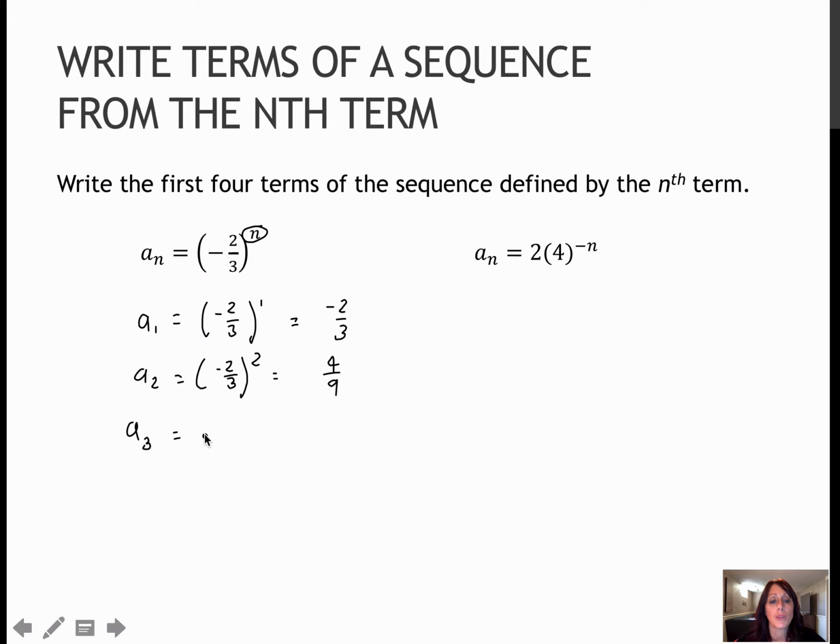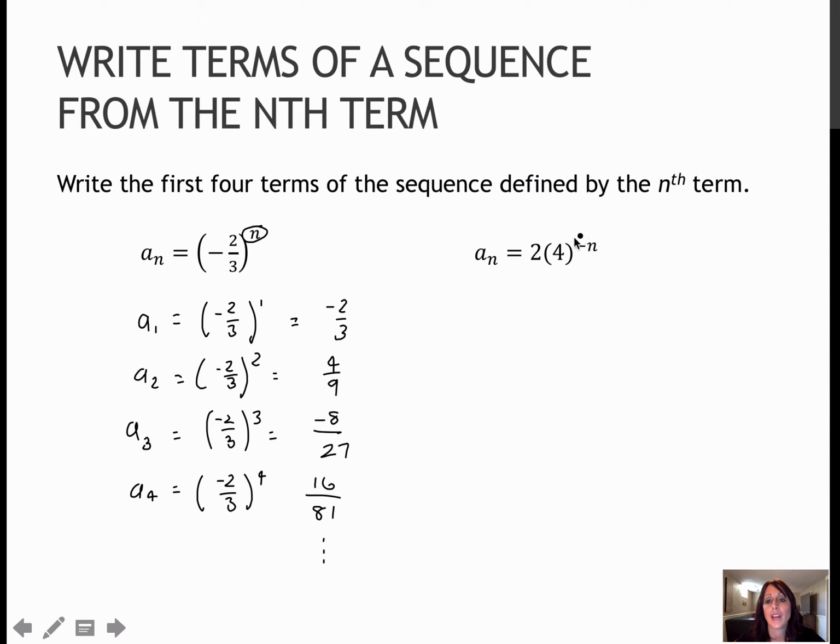A sub 3, or the third term of the sequence, would be cubing everything. So negative 2 cubed is negative 8, and 3 cubed is 27. And then a sub 4 would be taking everything to the fourth power. So that would be positive 16 and 81. So those are my first four terms, and again, that pattern would continue.